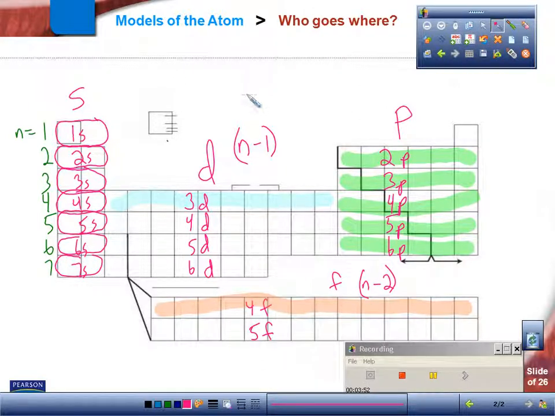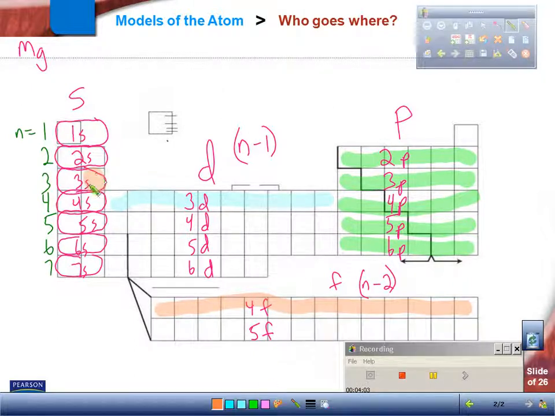And let's say we want to do the electron configuration for magnesium. Well, magnesium is right here. So that means the first electron is going to fill up this box, and they're going to keep filling up these boxes in order until they get to here, and I'm going to stop.